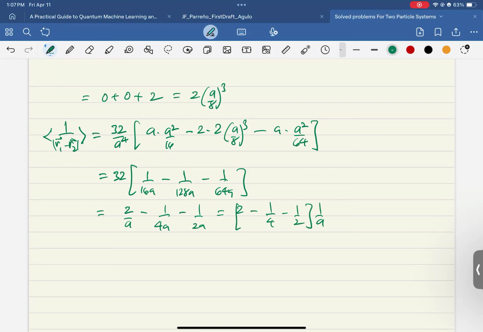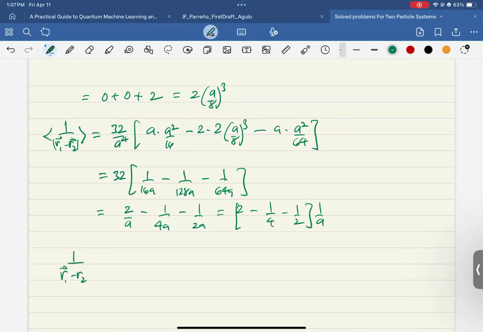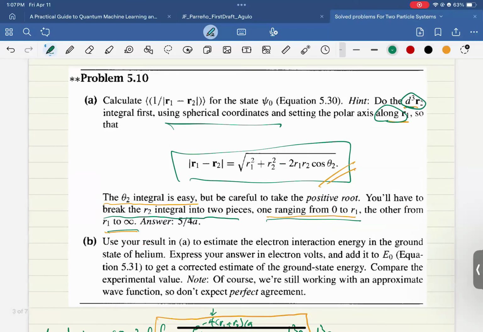Okay, so ang expectation value ng 1 over R1 minus R2, absolute value, is just 5 over 4, which is yung in-expect natin na sagot dito. So answer is 5/4.